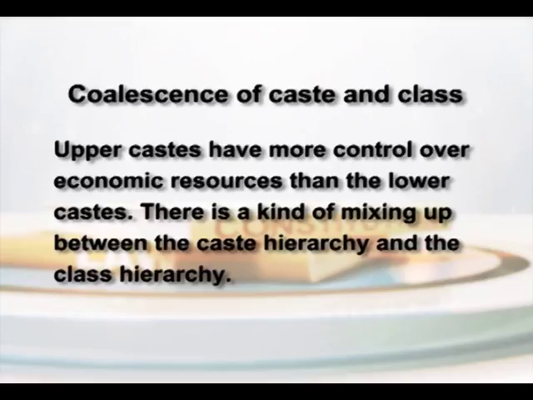That is, they are the classes which hold a higher position in the class hierarchy. So there is a kind of mixing up between the caste hierarchy and the class hierarchy.